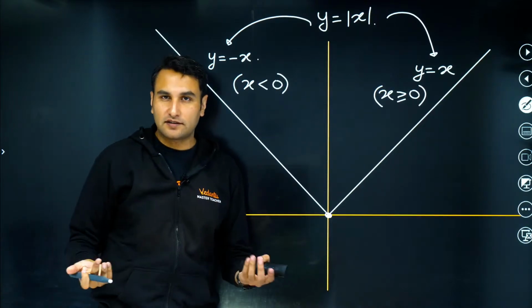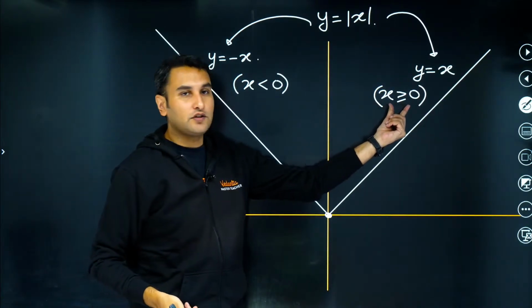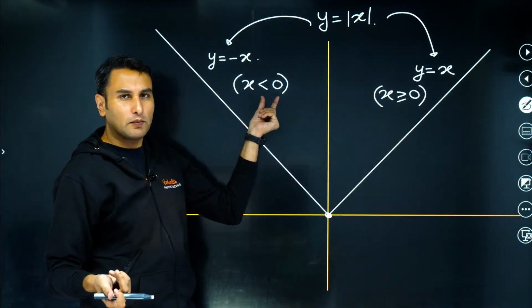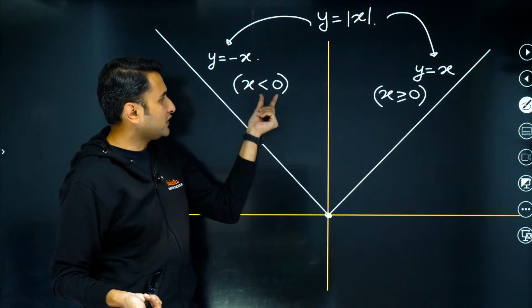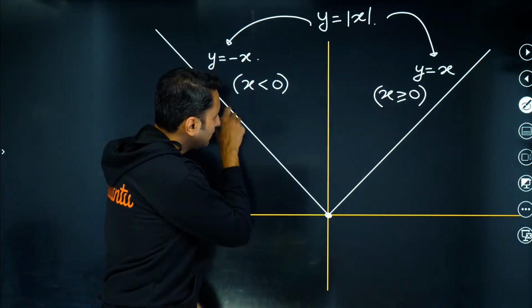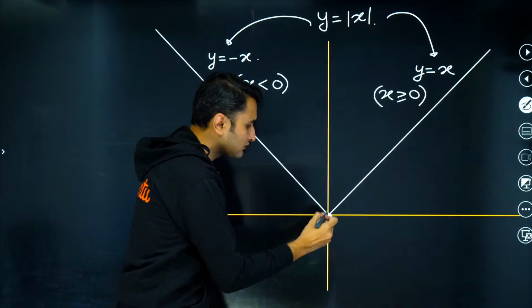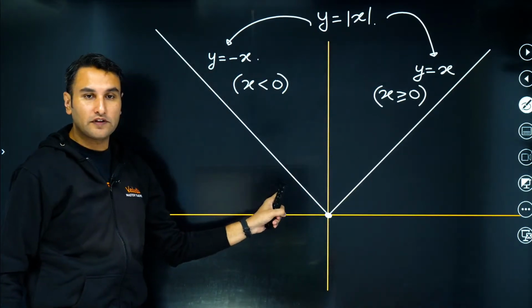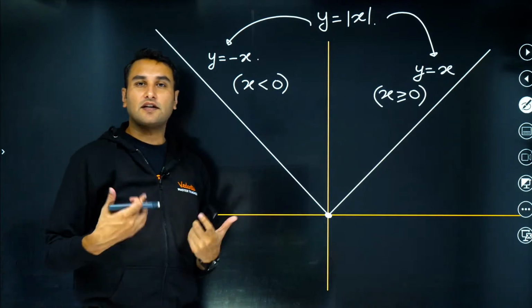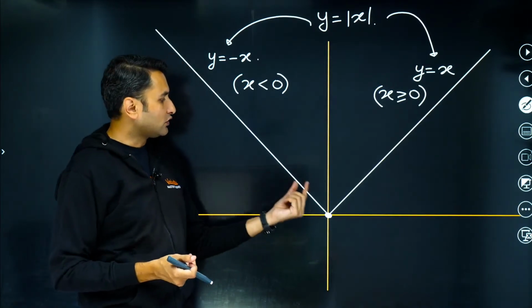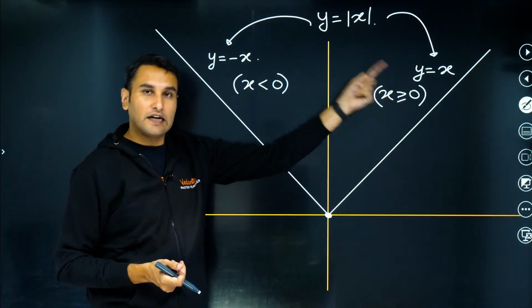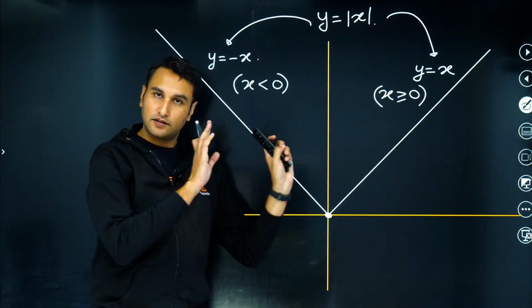But it is just a custom to include 0 with the greater than sign. Equal to 0, do it here or there, it doesn't matter because both these lines meet at the origin. But it's just a custom that we follow to include the equal to sign with the greater than 0 side.